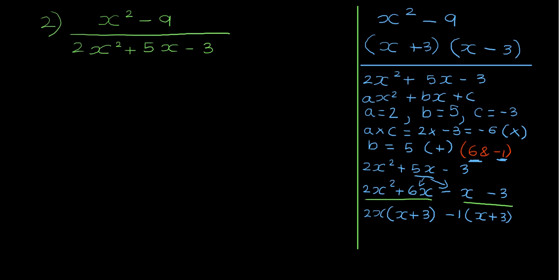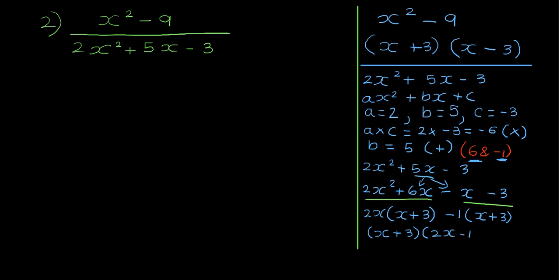These two brackets need to be the same. That's very crucial in this particular method. If they aren't, then you know that your factorization is incorrect. And then the last step, I'm going to have x plus 3 when I factorize the previous line, because that's the highest common factor, times 2x minus 1.